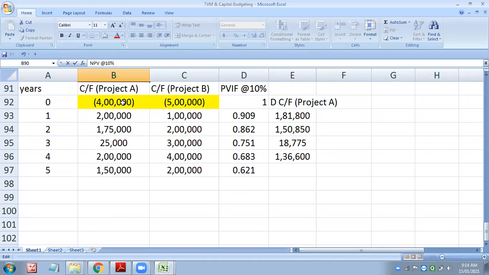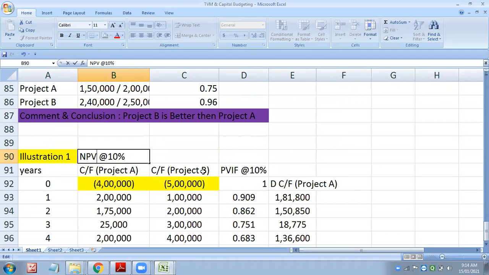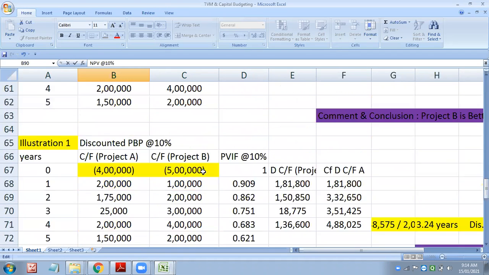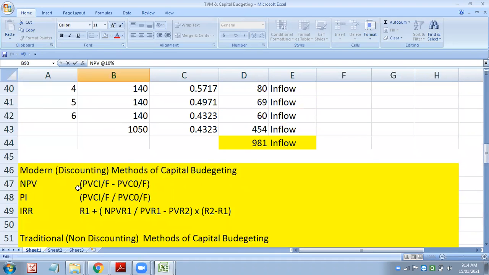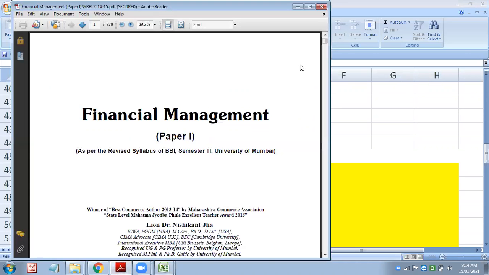Again, they will give you the outflow of cash and the inflow of cash, that is profit, and then accordingly we have to apply our formula. What is the formula here? NPV is present value of cash inflow minus present value of cash outflow. PI is present value of cash inflow divided by present value of cash outflow. This is what is given in our textbook also.